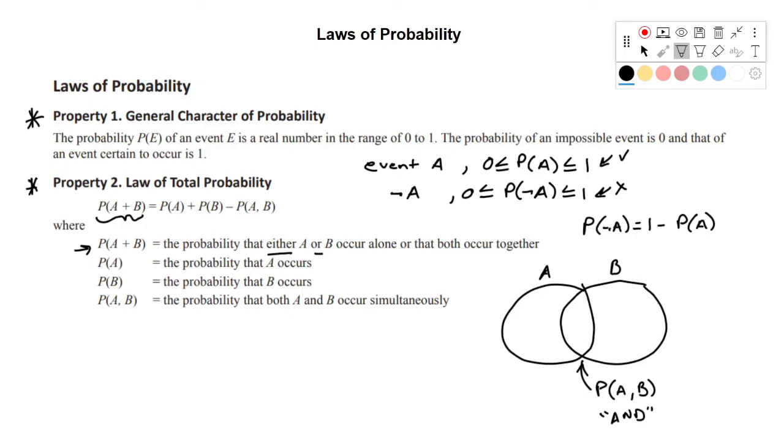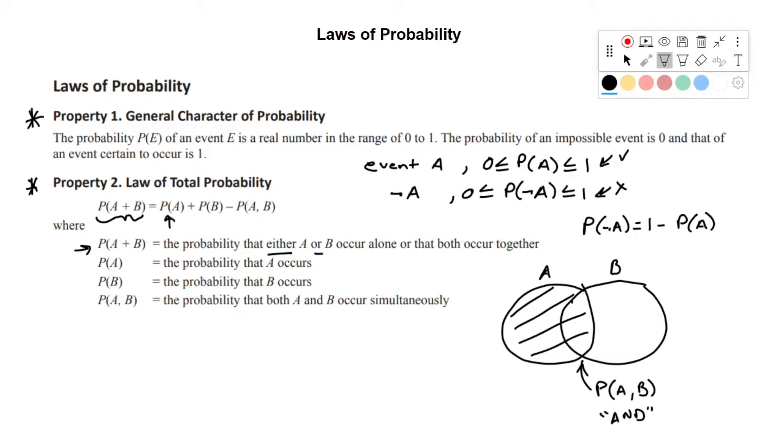So now if we look at this, the probability of A or B happening is the probability of A happening plus the probability of B happening, and we'll do vertical lines here. And that's this part. And now you have this interesting piece here, minus the probability of A and B. Well, why are we subtracting that? When we counted A, we included the things that belong to A but not A and B. And when we counted B, we included the things that belonged to B and not A and B. And in both of those instances, we counted the things that belong to A and B. So you could see there's an overlap between my diagonal lines and my vertical lines.